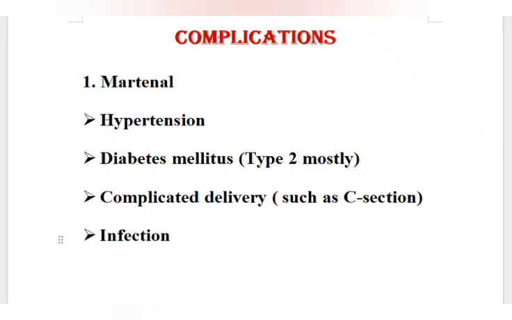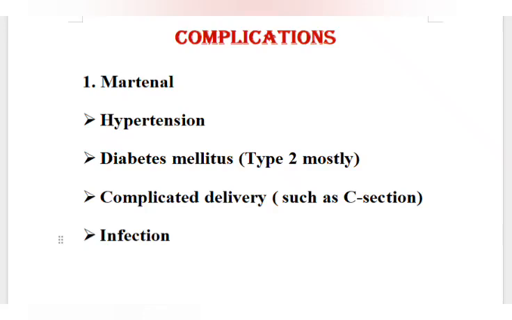The issue of preeclampsia can also occur. Then also diabetes, they are at risk. Once you have gestational diabetes, it means you are at risk of developing diabetes mellitus type 2, mostly in the near future. Then a complicated delivery such as a cesarean section or other types of delivery.